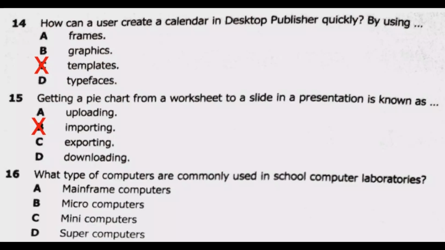Like you want to upload a picture on Facebook, you are going to upload a picture. Then exporting, that is when you are getting a file from somewhere and taking it somewhere. So importing is you are taking something from somewhere into your computer, or from a certain document to a certain document.